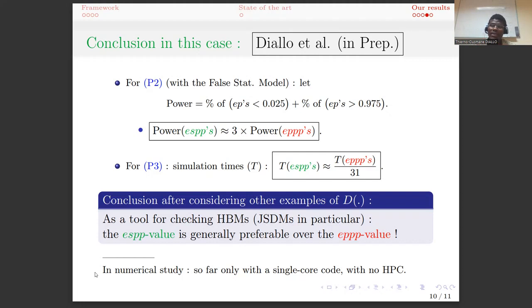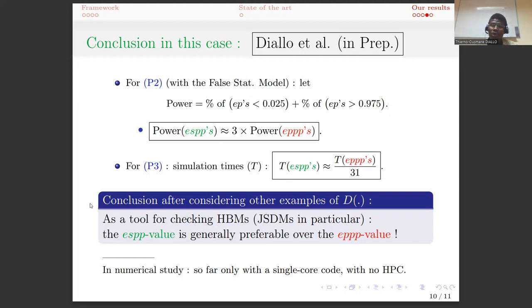After we considered other examples of discrepancy functions, we found that the extended sample posterior p-value is generally preferable over the extended posterior predictive p-value as a tool for checking hierarchical Bayesian models, joint species distribution models in particular.